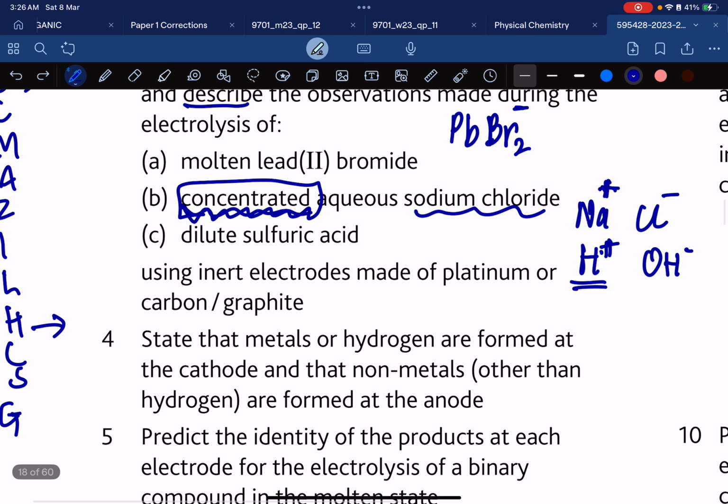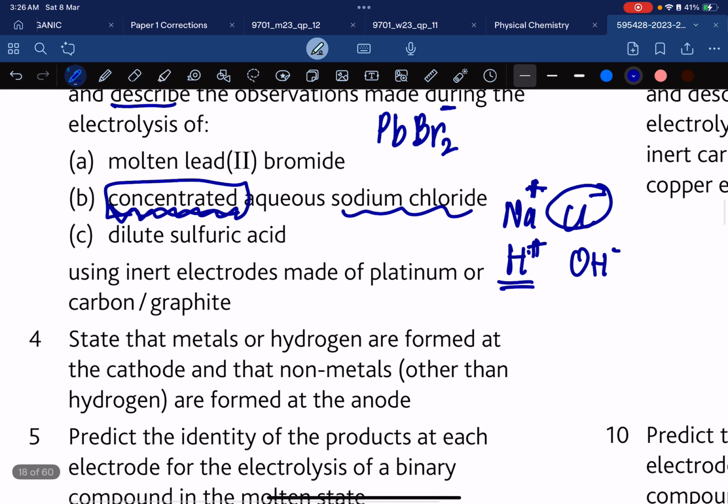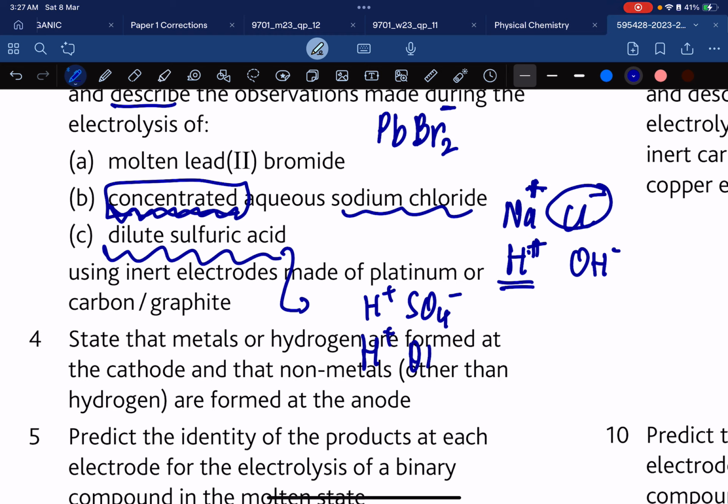So when you have concentrated aqueous sodium chloride, what's going to happen is that at the cathode, hydrogen gas will form where you'll see effervescence or bubbles. And since chloride ion is going to the anode, you'll see a green-yellow gas with a choking smell. When we come to dilute sulfuric acid, we have H plus, SO4 minus, and you have H plus, OH minus.